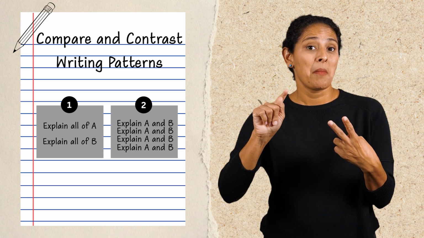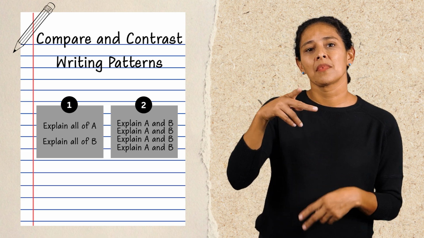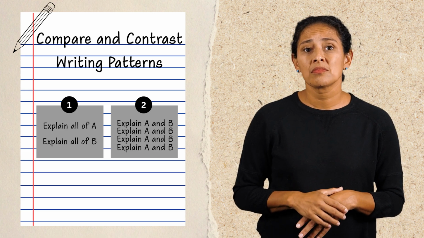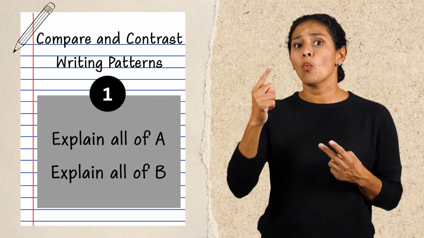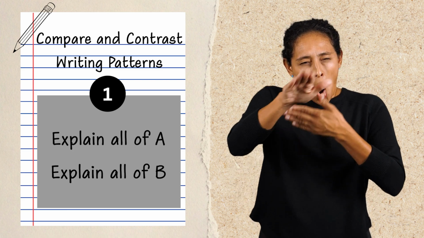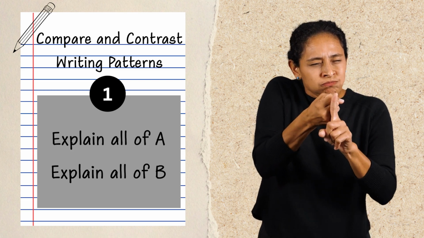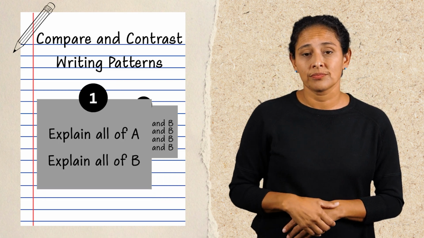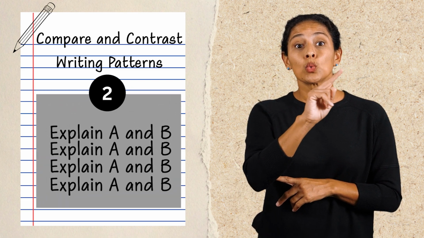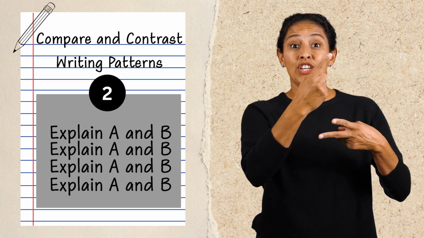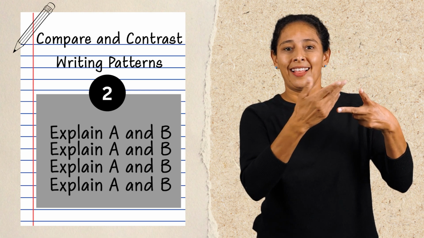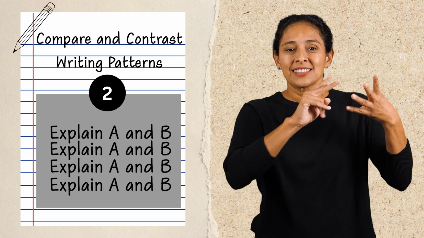Let's call them pattern 1 and pattern 2. For pattern 1, you will explain all of one item and then explain all of the second item. For pattern 2, you will alternate between each item as you go.